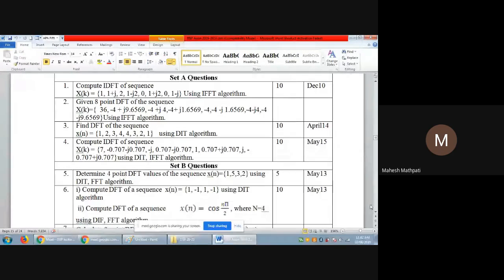38 is there? 39. 36. Yes, sir. Madam, can you tell me which computation method is used here?